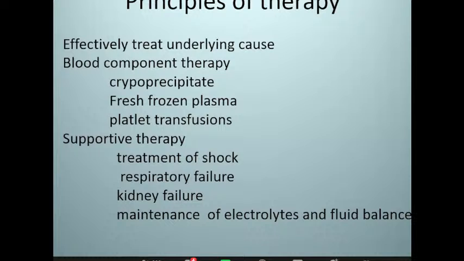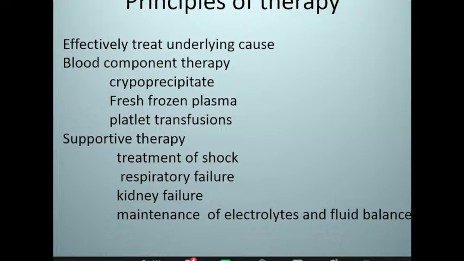So treat the underlying cause. One of the commonest reasons that we see DIC is severe infections. Once we start them on the broad spectrum third, fourth generation antibiotics, and we are able to control the infection, then everything reverses and we are able to save the patient.